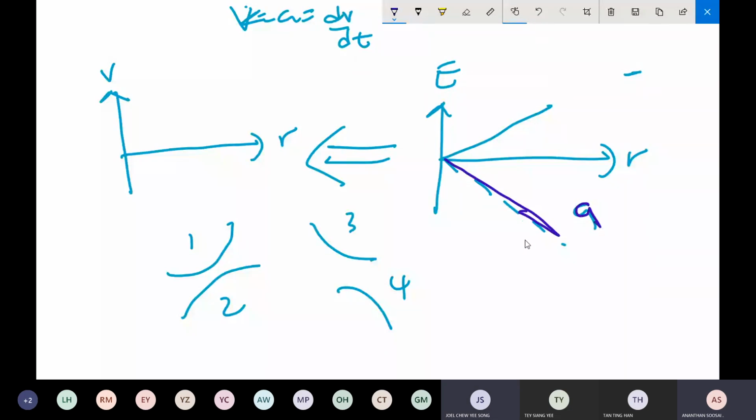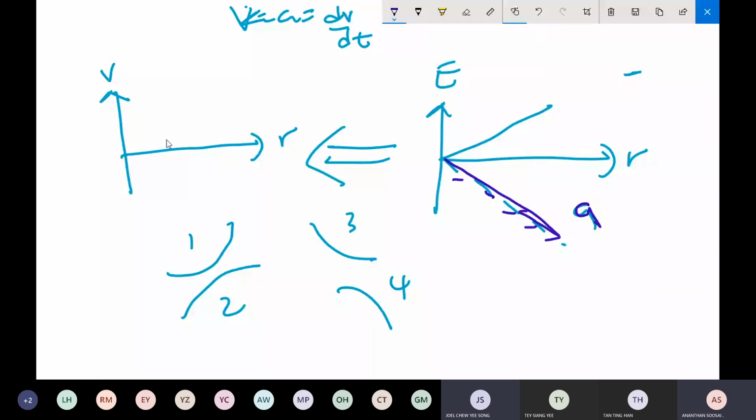Now, can you convert this graph to a velocity graph? The acceleration is getting more negative, getting more negative. So the potential graph must be what? Is it going to be a straight line or a curve? Curve.